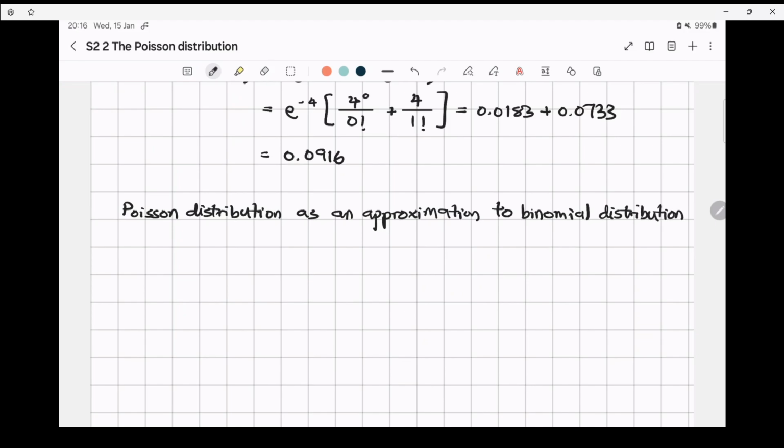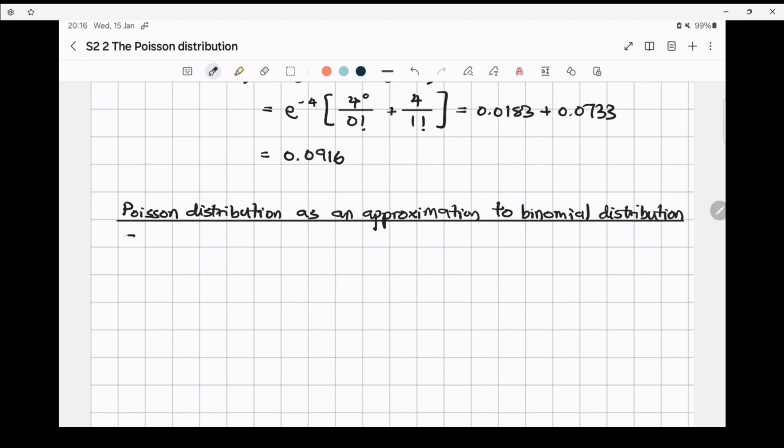Later in the chapter, we are also looking at how to approximate the Poisson distribution using the normal distribution. That one is from discrete to continuous probability distribution, so you need to use continuity correction. Over here, this is between two discrete distributions.